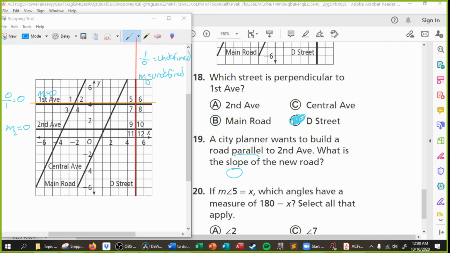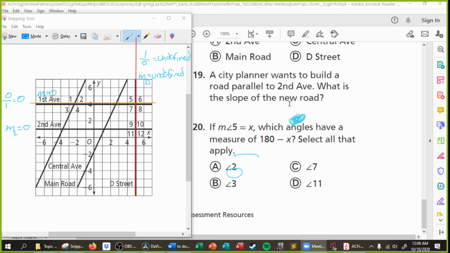Question 20 has a select all that apply. So let's scroll down just a little bit. If the measure of angle 5 is equal to x, let's just go ahead and throw that in there. Here is 5. Which angles have a measure of 180 minus x? All right, this one's pretty funny because we've already shown that the slope of first is perpendicular to the slope of D, right?